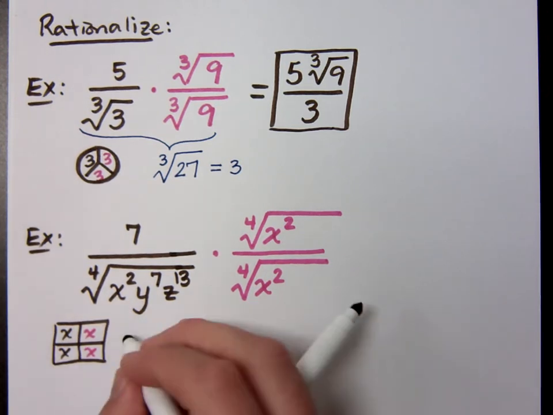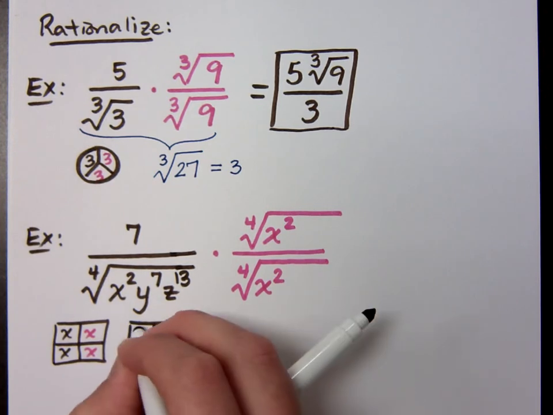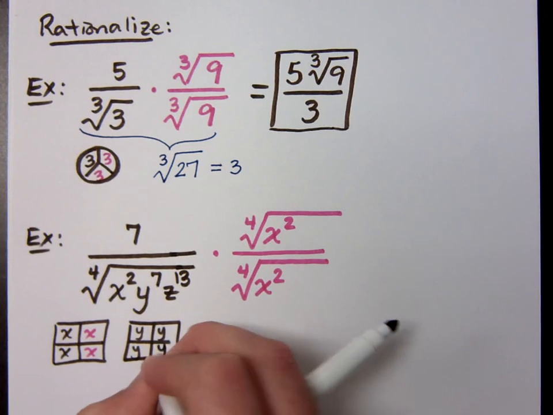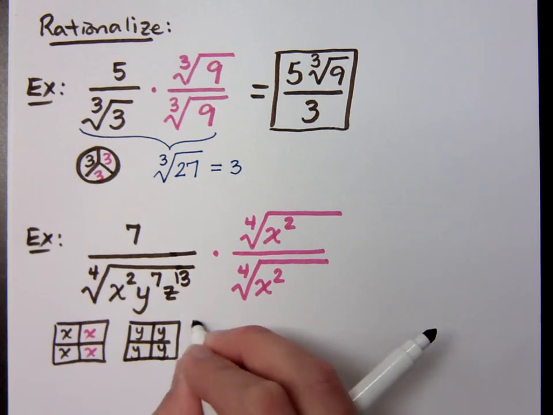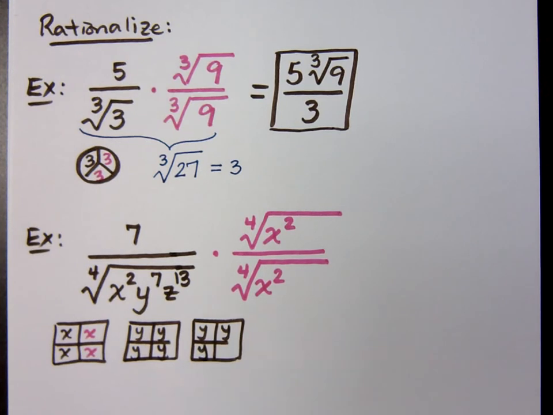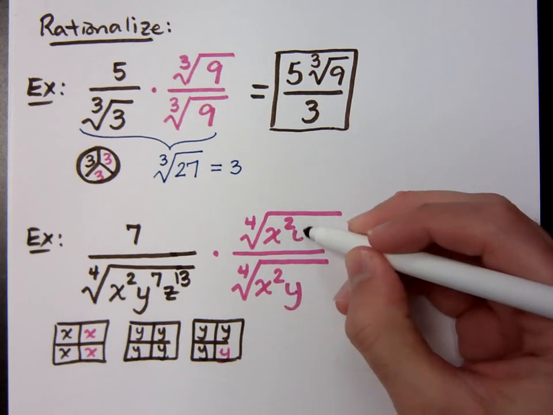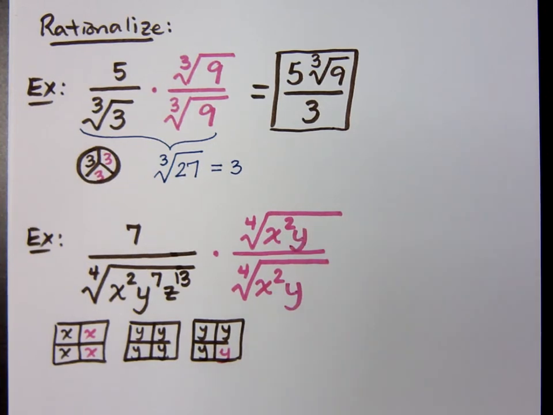Now what about y to the 7th? With y to the 7th, I have 1, 2, 3, 4, 5, 6, 7 factors of y. How many factors of y do I need to finish that box? I just need 1 factor of y, right? Why is that? Because I'm making these boxes that have 4 of the same factors, so that's going to be something that's the perfect 4th power.